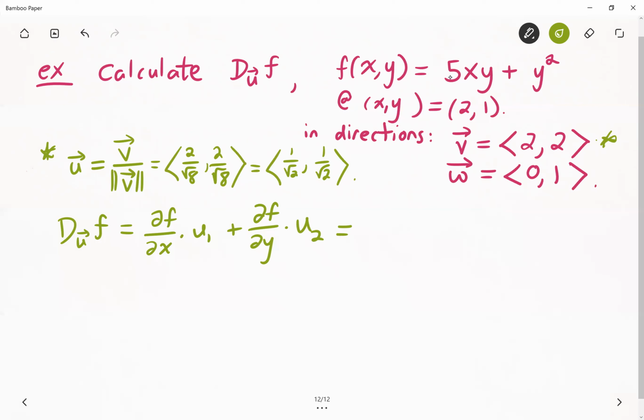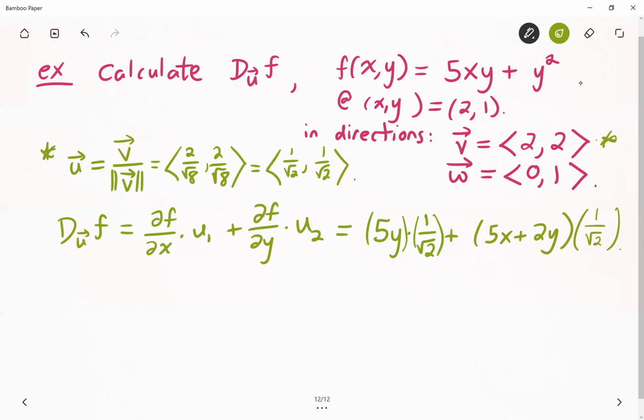The derivative of a constant times x is that constant. So I have 5y times u1. u1 is this first component, so 5y times 1 over radical 2, plus df dy. The derivative of this with respect to y is going to be 5x plus 2y, times the second component, which is again 1 over radical 2.